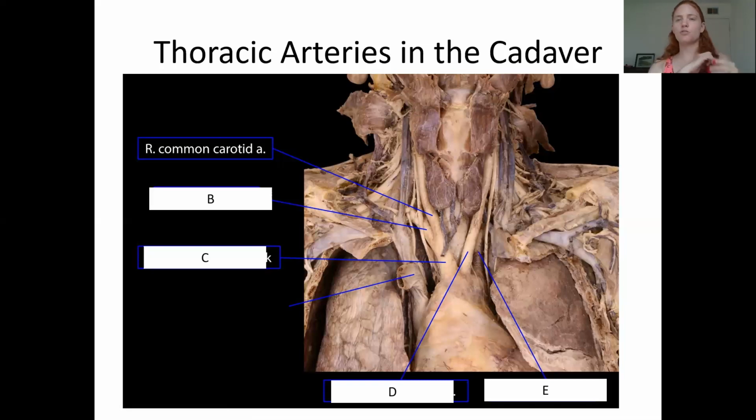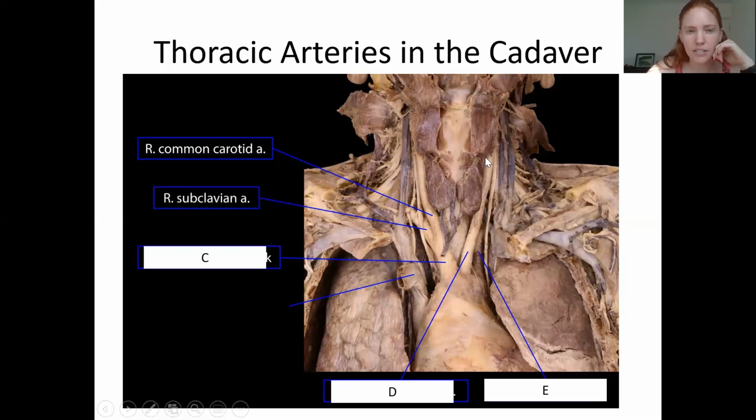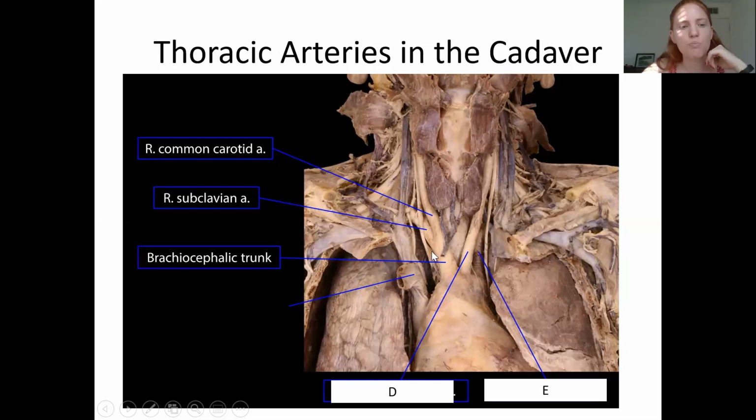The one that goes towards the arm is going to travel underneath the clavicle, so that would be the right subclavian artery. We already said that C here would be the brachiocephalic artery. You can use trunk, but I suggest you write artery.